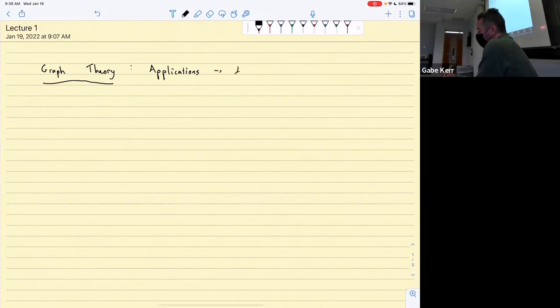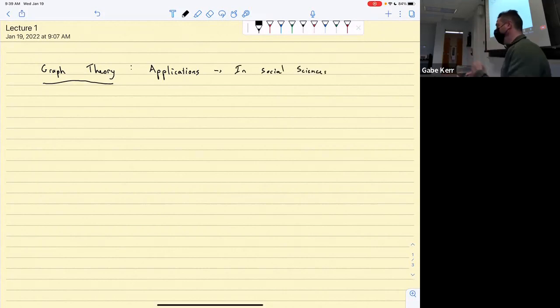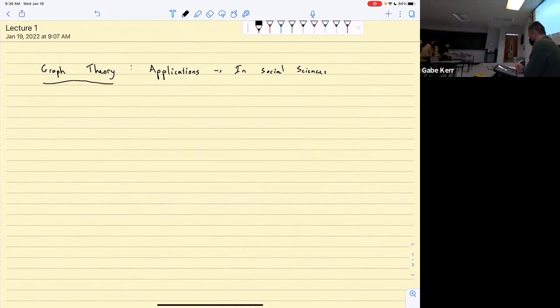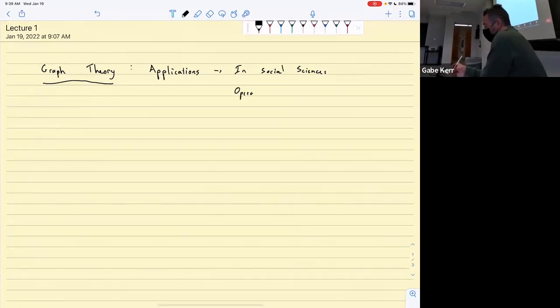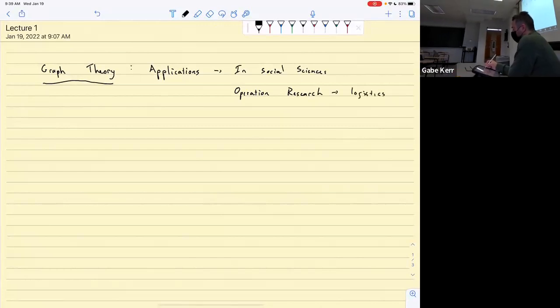But you can think in social sciences, there's a ton of them, when you're trying to graph, for example, social networks or species, and you want to form links. There's also what's called operations research, maybe people think of it as logistics.